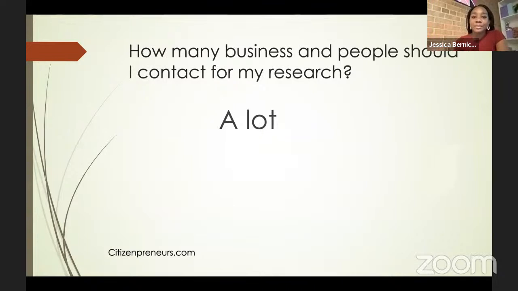Going back to the previous example, if there are 30 restaurants in your neighborhood, obviously it depends on what kind of methods you're using, but for a survey, generally you would want to contact the 30 restaurants that you have in your neighborhood, depending on your research question. If it's for an interview, you still want to get the maximum amount, but that number may shift.